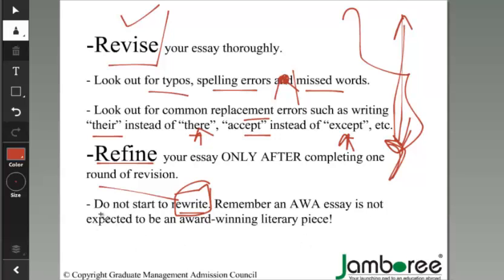Last piece of advice, do not start to rewrite. Yes, Anusha, I would recommend using American English. Do not start to rewrite. Remember, your AWA essay is not expected to be an award-winning literary piece. It's just an AWA essay. You need a 4.5, end of story. Whether you get a 4.5 or a 6, the university is not going to make any special note.